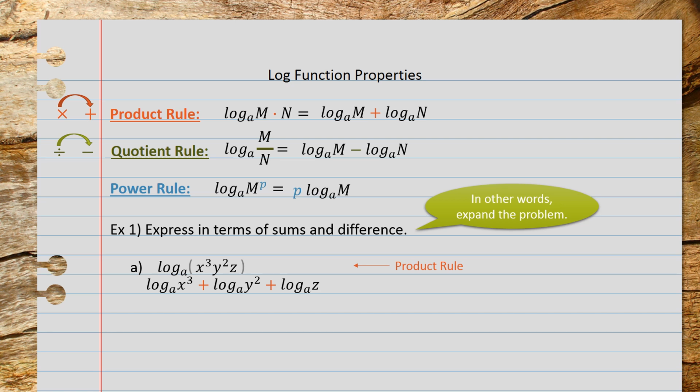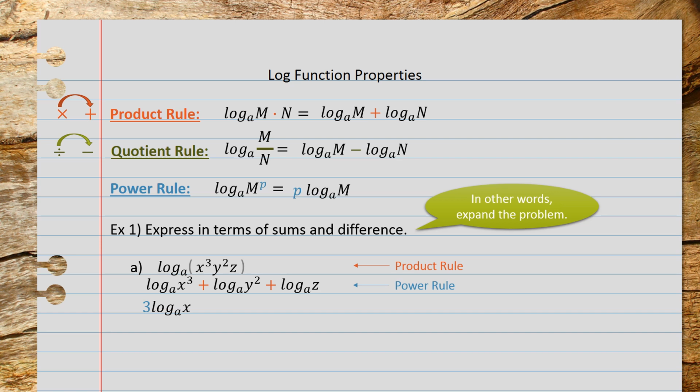It will remain log base a of x to the third, plus log base a of y squared, plus log base a of z. Now that we have separated it into individual terms, we apply the power rule. Log base a of x to the third has a power of 3, so using the power rule, the exponent now comes to the front, and we read it as 3 log base a of x.